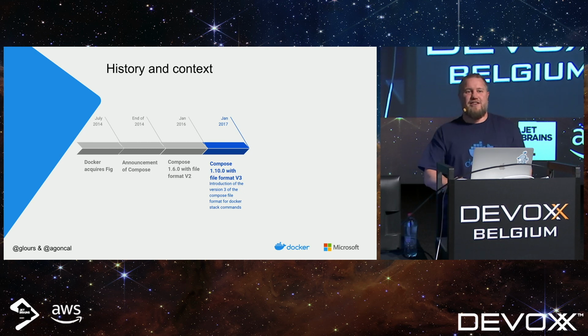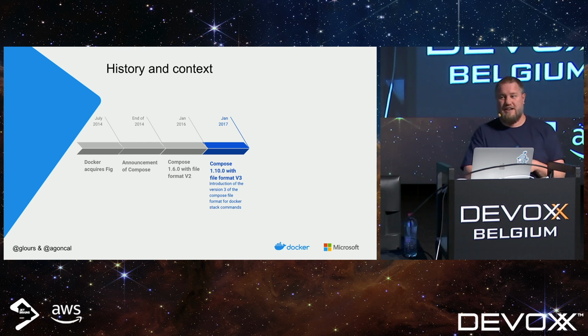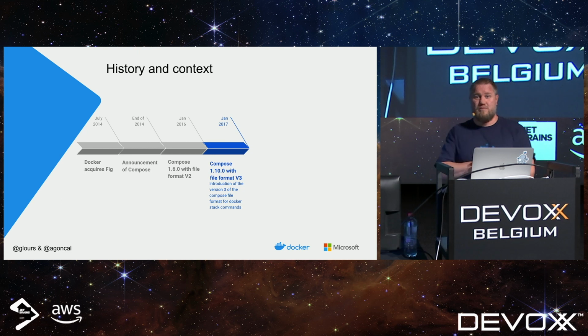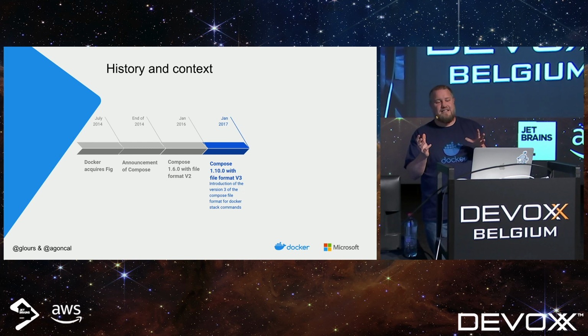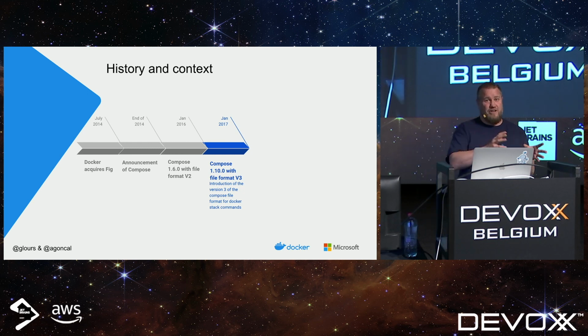But one year later, things got worse. Good news at the beginning: Docker was launching Swarm, and the team behind Swarm was so in love with the Compose file format that they decided to use it for their tool. But as you can imagine, using and deploying locally and in the cloud is not the same.